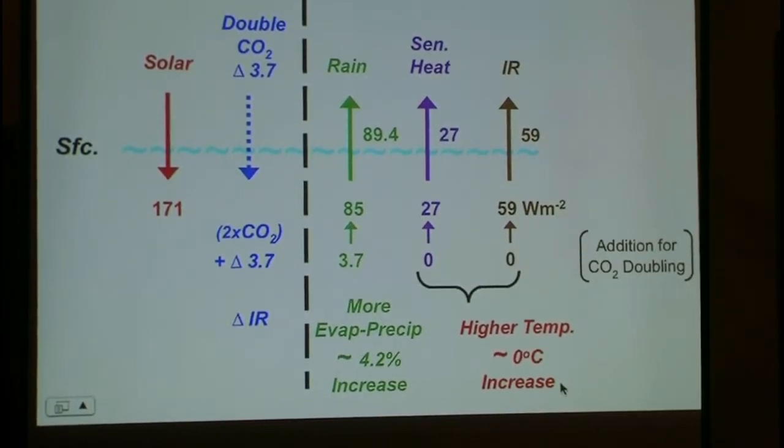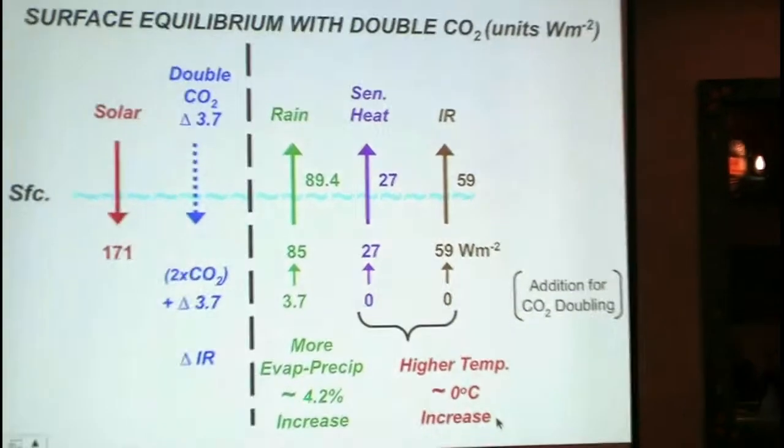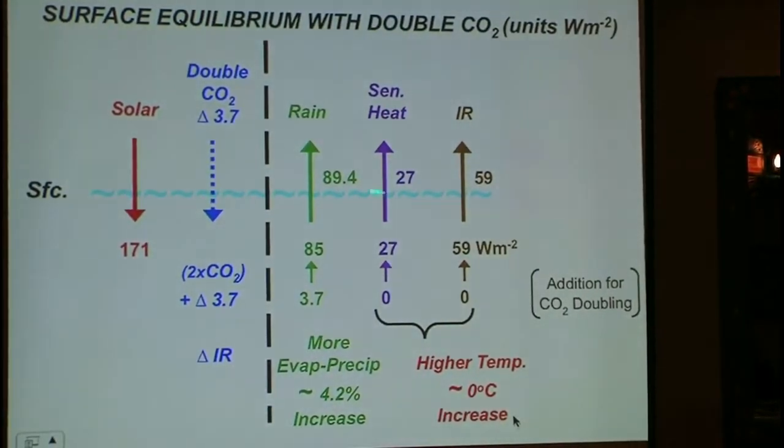Anyways, now there is another point of view. You can even say you can double CO2 and have no warming at all if it all went to extra rainfall. In other words, if the rainfall around the globe went up to 4.2%, you could balance out the surface with just rainfall.